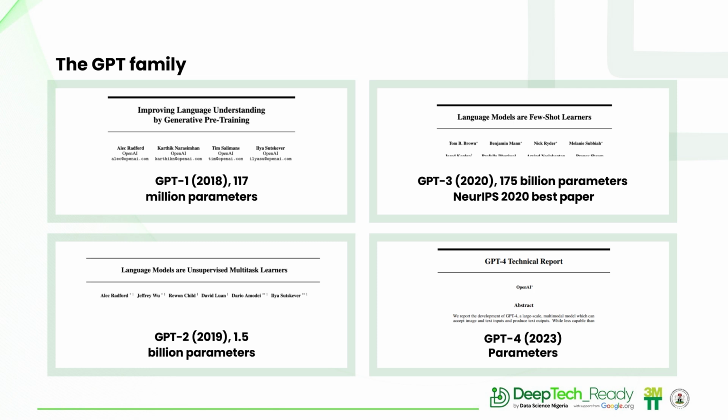GPT-3 came about in 2020 with about 175 billion parameters. GPT-3 took the leap into few-shot learning, showing it could perform well on various tasks with minimal examples. This marked a turning point in AI research, popularizing large language models as general-purpose tools across diverse applications.